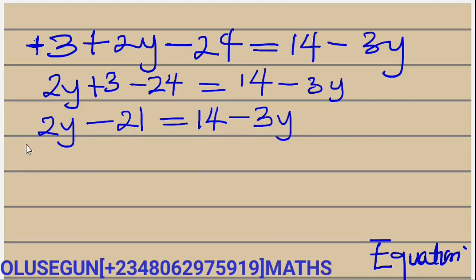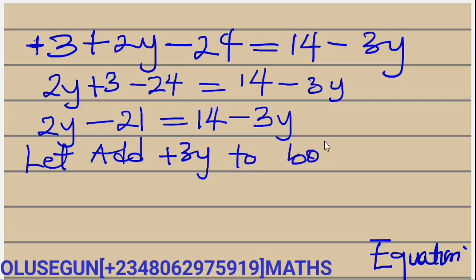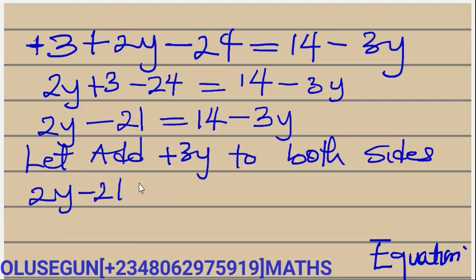Let's add plus 3y to both sides. So adding plus 3y to both sides, we have 2y minus 21 plus 3y is equal to 14 minus 3y.